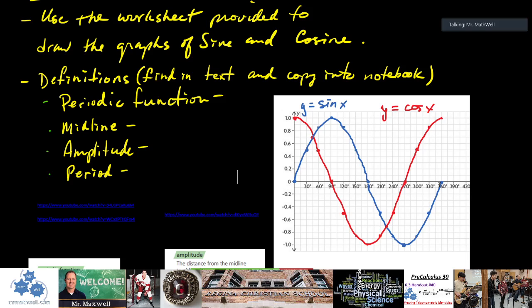About 6.28 radians, yes, which is exactly what? 2 pi. Thank you. So 2 pi is exactly 360 degrees. The decimal would be about 6.28. That's 2 times 3.14. Okay, good. And 1 radian is 57.3 degrees.